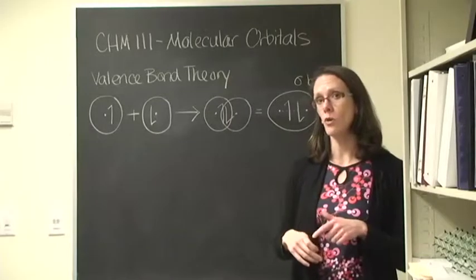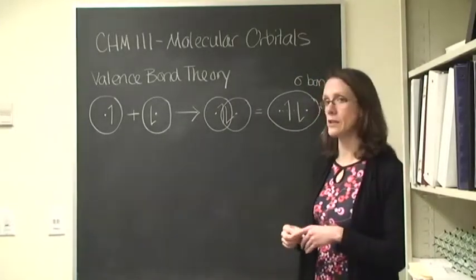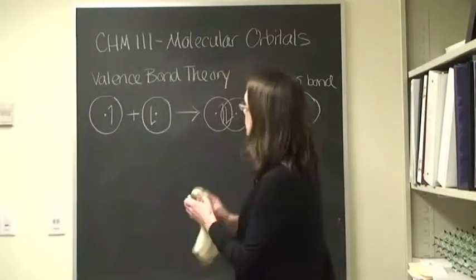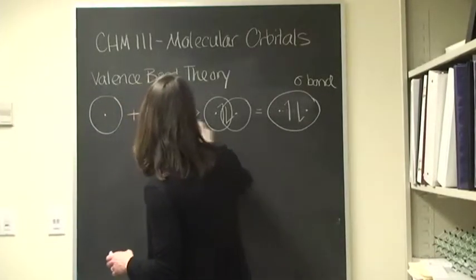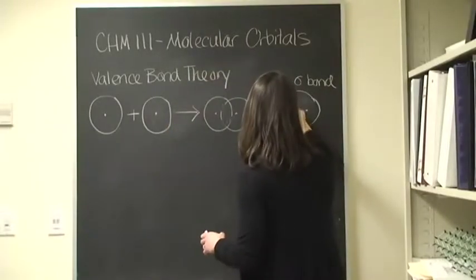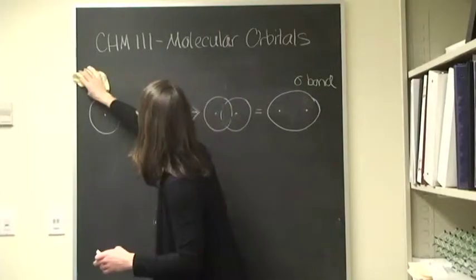So molecular orbital theory, or MO theory, looks to start with a lot like valence bond theory, but then adds something else. I'm going to leave this up here because what we did here, minus the electrons, is part of MO theory. So in molecular orbital theory, I'm going to erase valence bond theory because we're no longer going to do that.